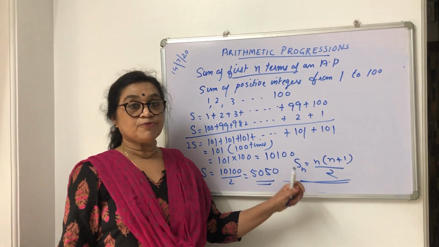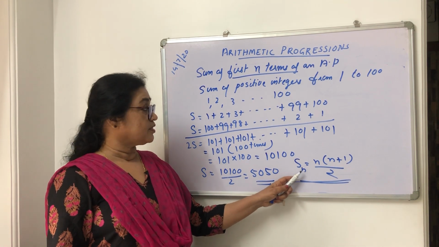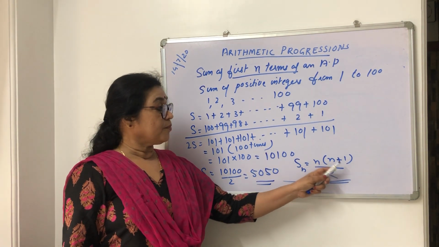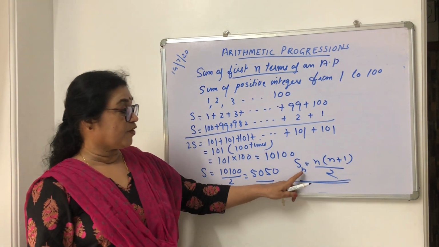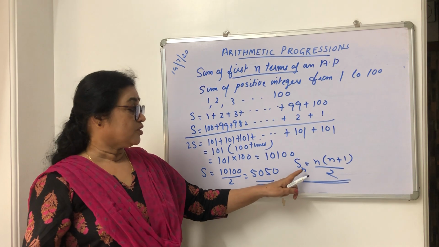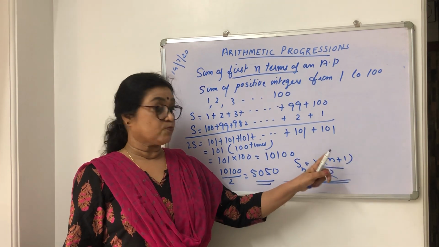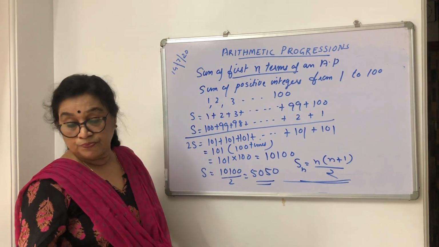The formula for finding the sum of the first n natural numbers is n into n plus 1 by 2. If you want to find the sum of the first 50 terms, S50 is 50 into 50 plus 1, which is 51, by 2.